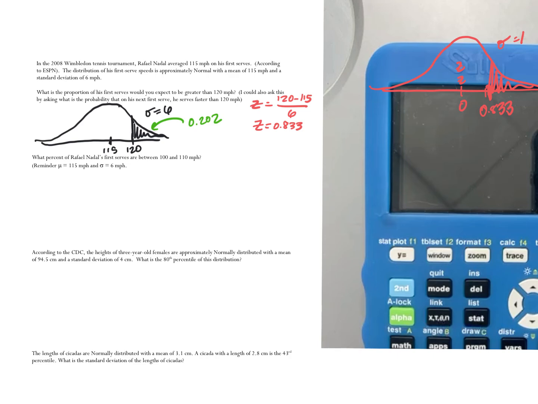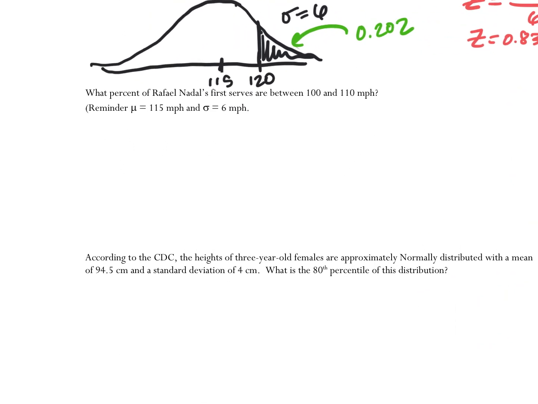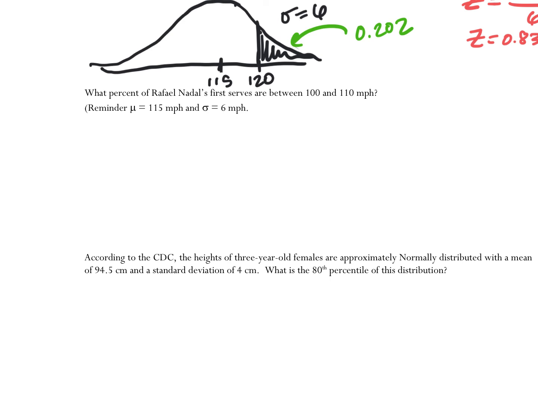All right. So if I ask you guys, what percent of the time will he surf between 100 and 110? Well, let's look at it. My normal curve game has definitely diminished over the summer.